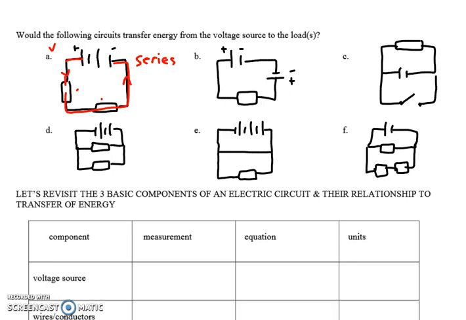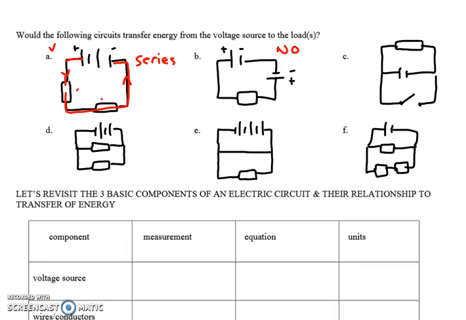All right, circuit B. We have a battery, the positive, negative. We have a load, but then we have another battery. Okay, so there is a complete circuit. Would this work? So think to yourself, and then I'll answer in a minute. All right, hopefully you answered no, this would not work. Why not?